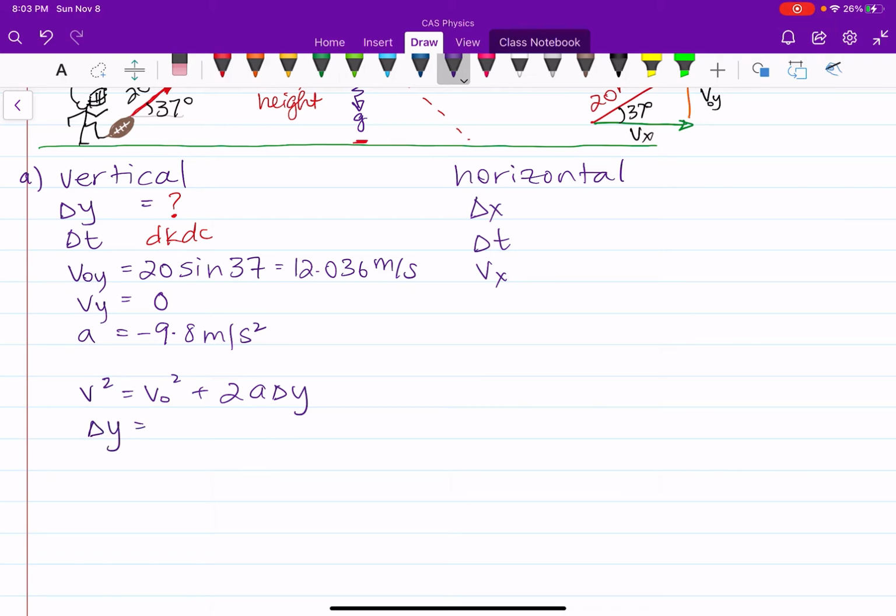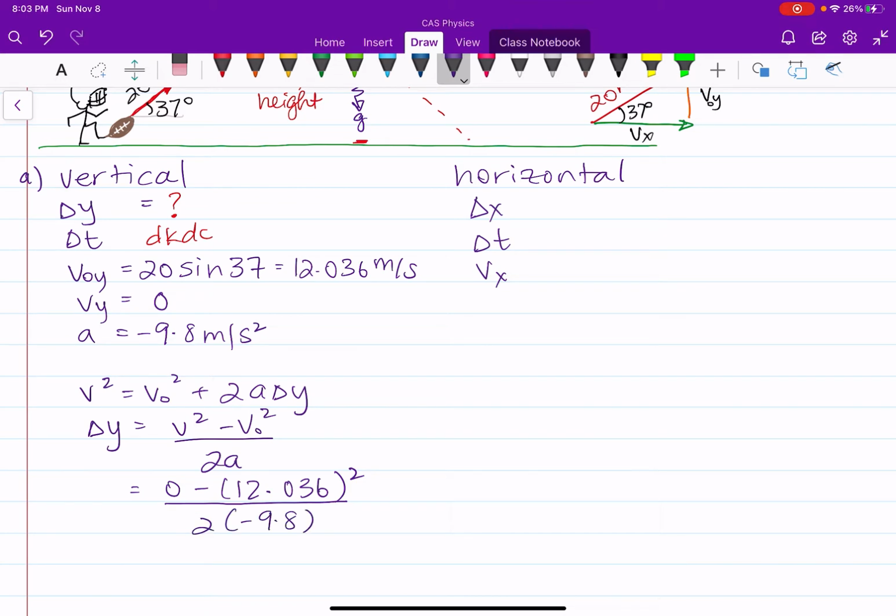Delta y equals v squared minus v naught squared over 2a. And then plugging in the variables. V squared is 0 minus 12.036 squared divided by 2 times negative 9.8.